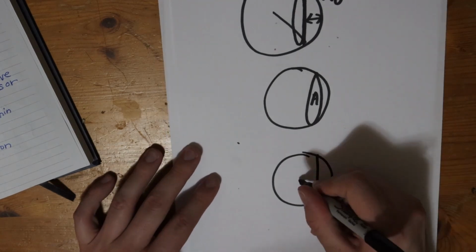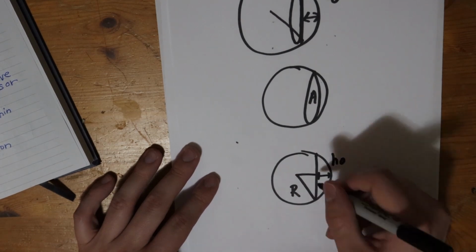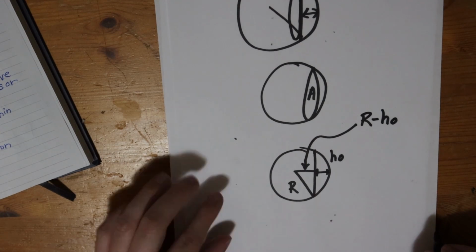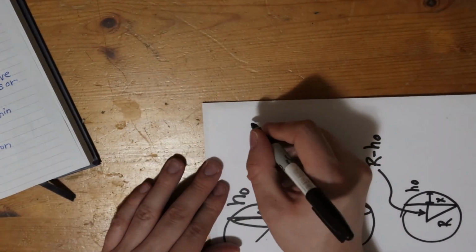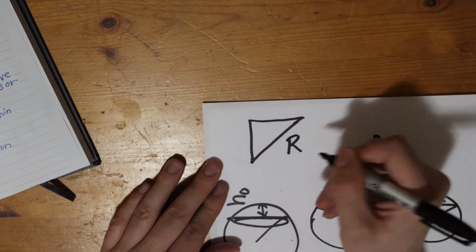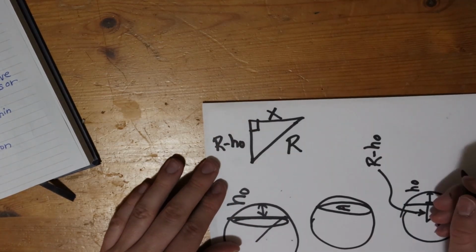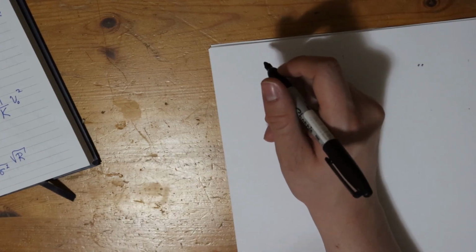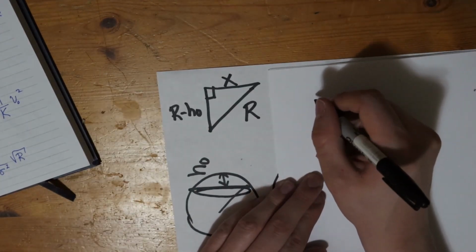So let's do that here. So you have the cross-section and then the radius r, and then h0, and then r minus h0 is that little section there. And you want to figure out what is x, which is the radius of the cross-section area. So you can do some trigonometry, which is pretty much Pythagorean theorem. So by doing that, you can figure out what x is.